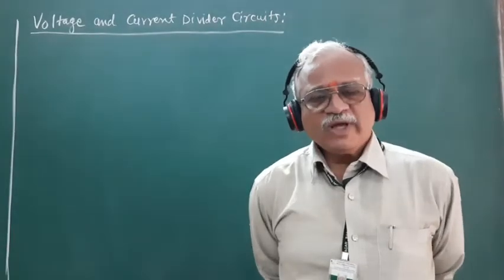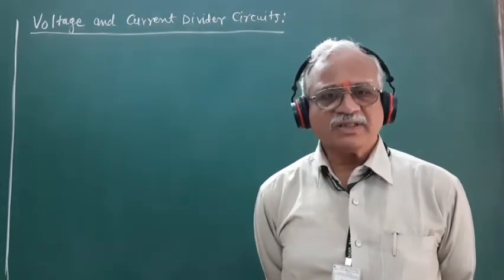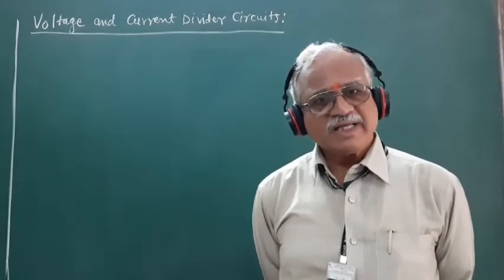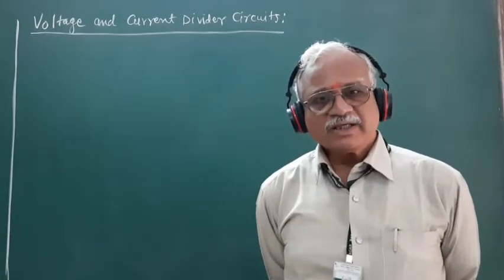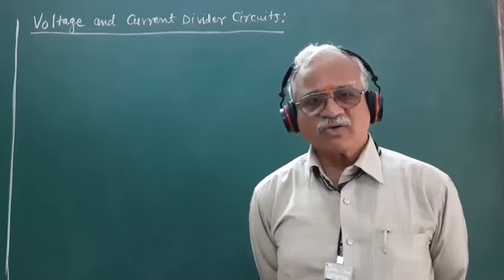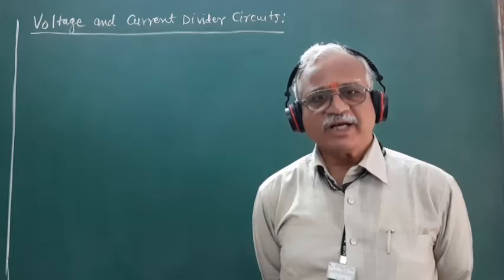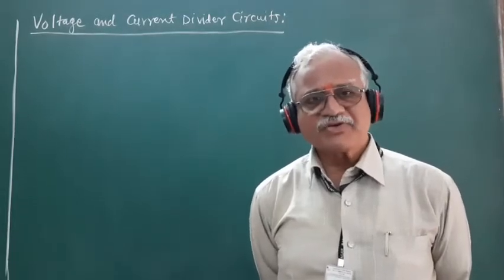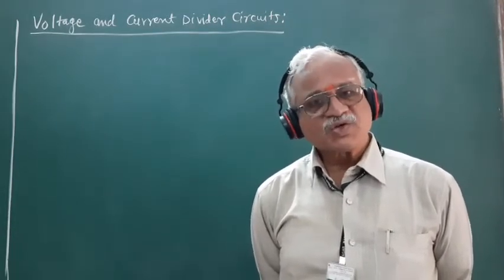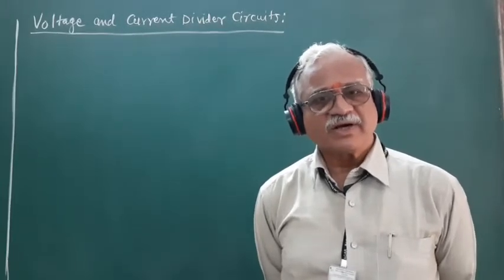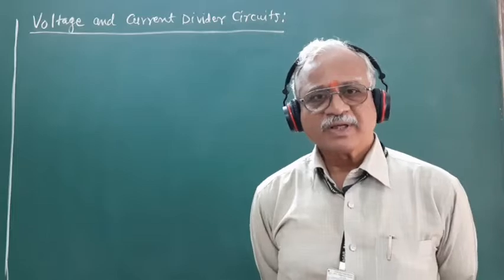So when we connect different resistors, for example, in series, and a source of EMF is applied across it, then whatever voltage is applied across this combination is distributed over all the resistors connected in series.